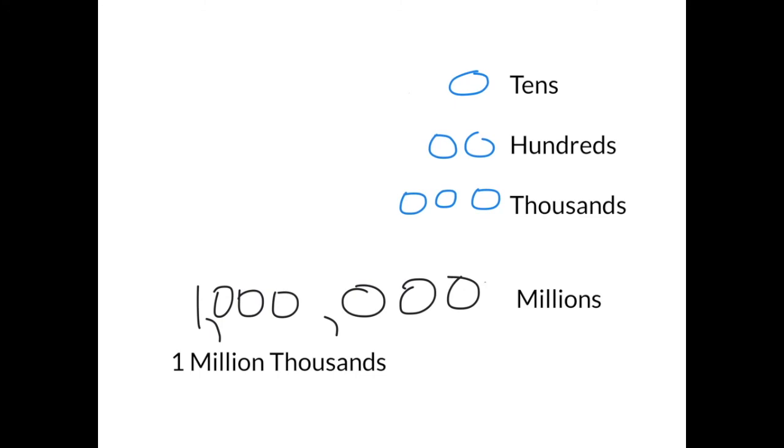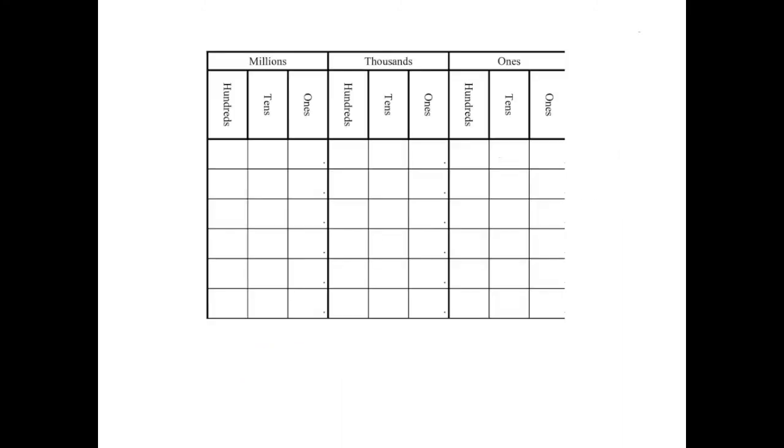If we write that out in standard form, it would look like this. So 1 million has 6 zeros, 1 million thousands. And how many zeros does thousands have? That's right, 3 zeros. Here is 1 billion. Here's the last thing we're going to do today.